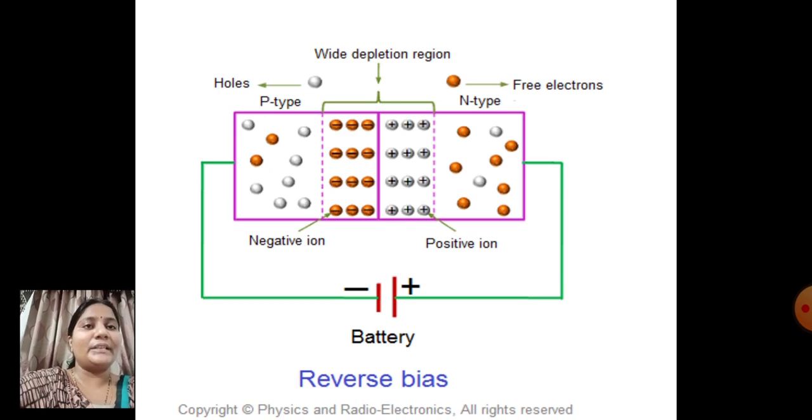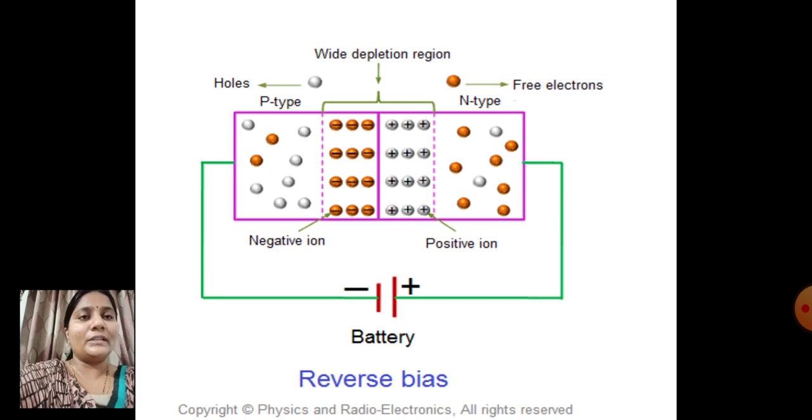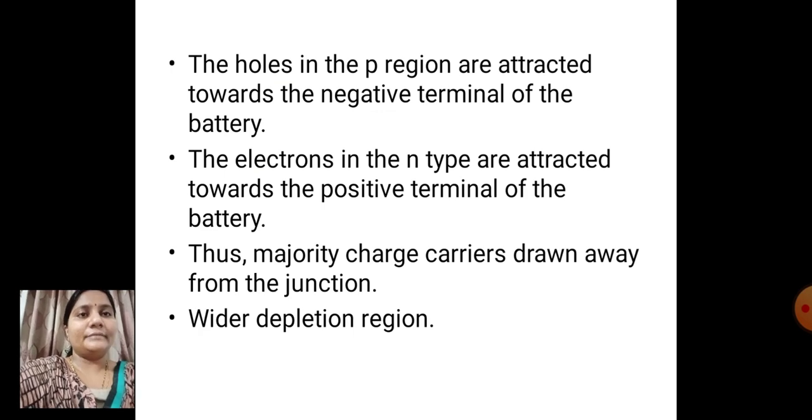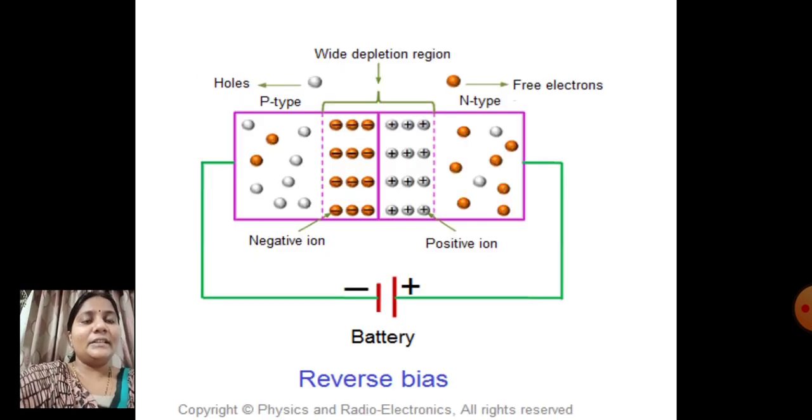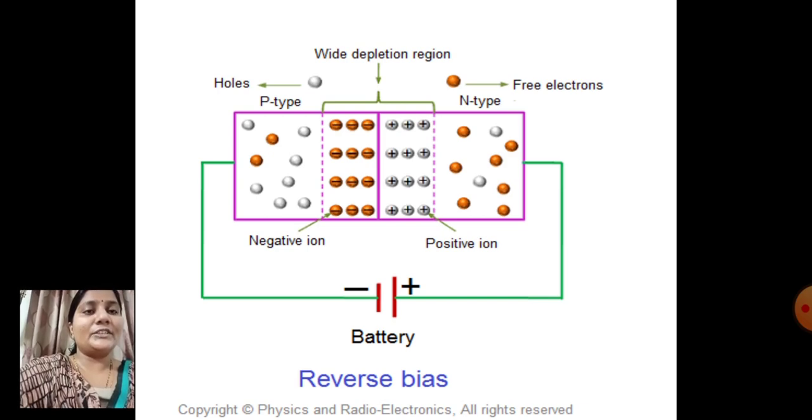So we can simply say that the current conduction in the forward bias condition is due to the majority charge carriers, and coming to the reverse bias the current conduction is due to the minority charge carriers only, and even the current value is also very less than forward bias condition. And one more difference is, in the forward bias condition the depletion region width will be very thin, and in this reverse bias condition the width of the depletion region will be increased.